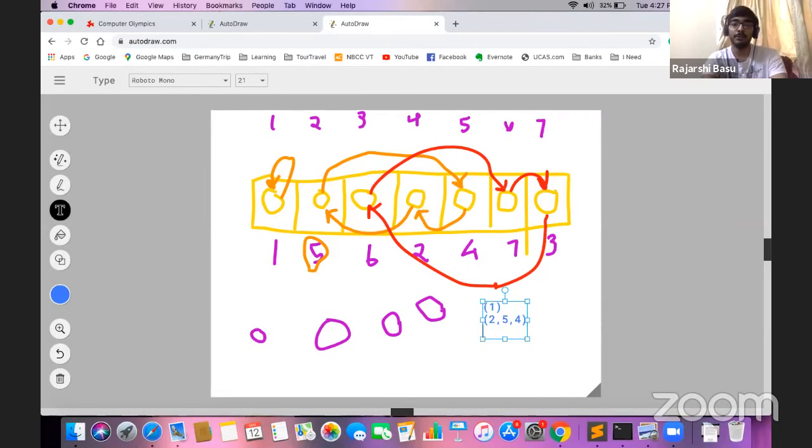So 2 needs to go to 5, 5 to 4, and 4 to 2. Note that I'm not saying 2 itself needs to go to 5. Whatever was at position 2 needs to go to position 5. And then we have another cycle, 3: from 3 I go to 6, and from 6 I go to 7. And it's actually 2, 5, 4, 2, right?